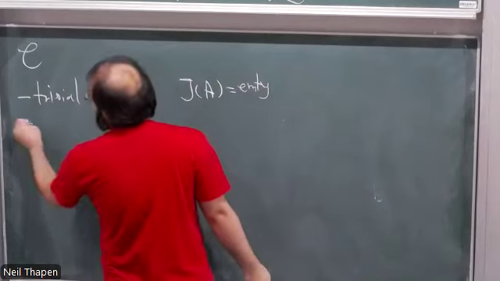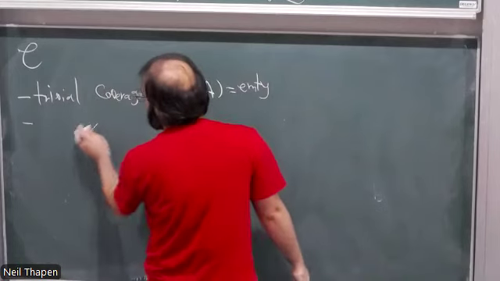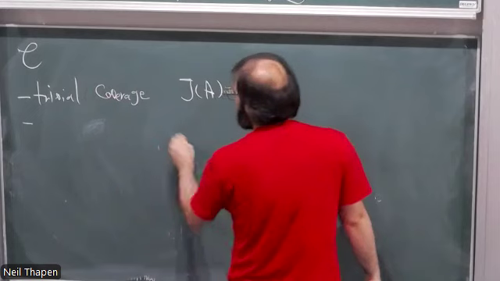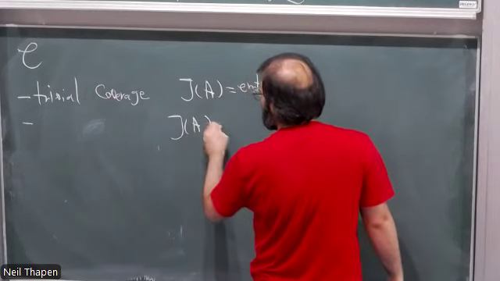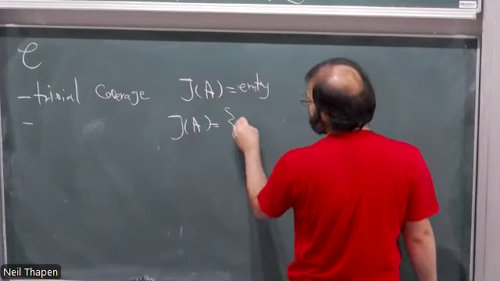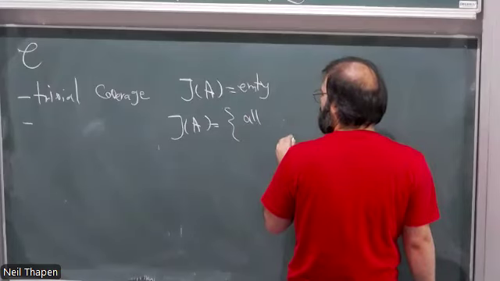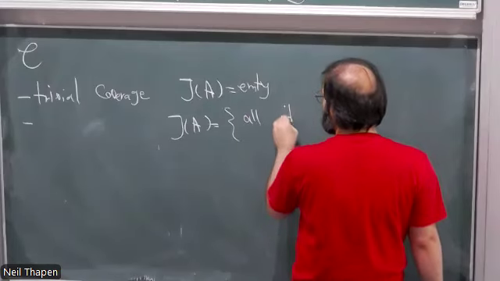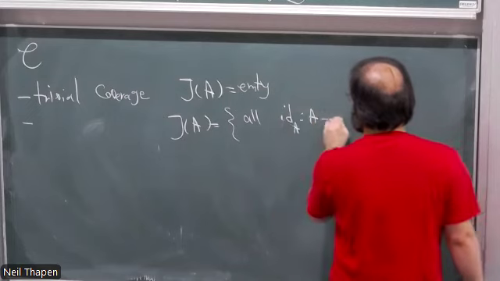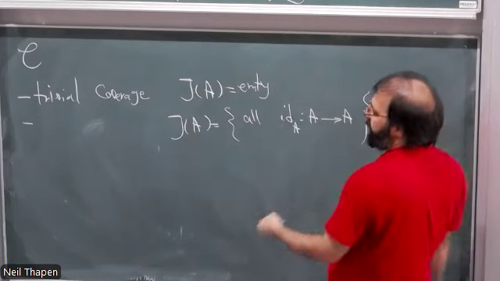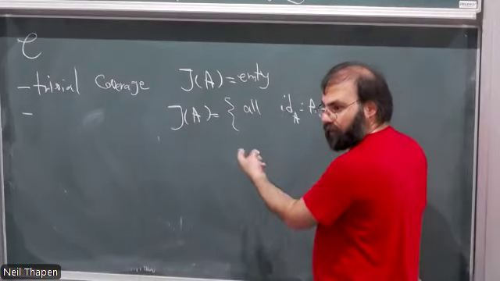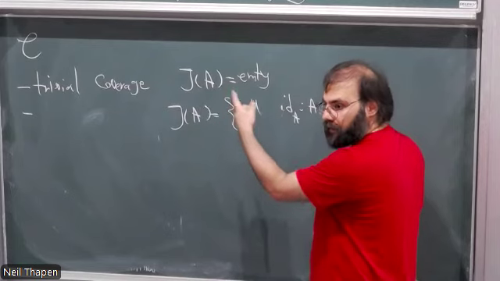Something less ridiculous, maybe, another coverage, is J of A is all whatever identities, like the set thing, because we use just being identity, not anything set theoretically, right?